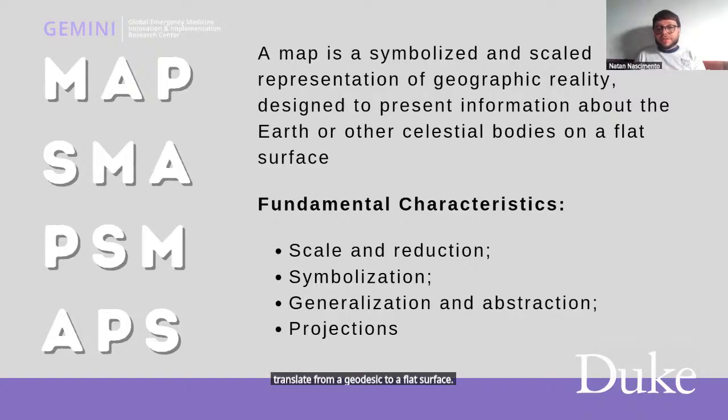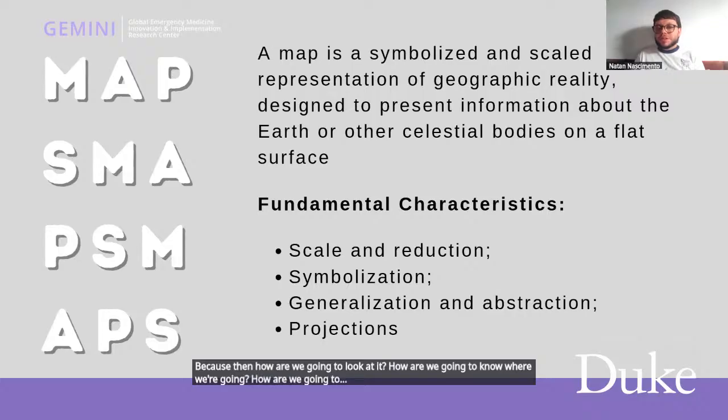And a map must be scalable and present a reduction. We cannot have a map that is not up to scale, because how can we have a map of Durham that is the same size of Durham? It's not useful, because then how are we going to look at it, how are we going to know where we're going? It must be scalable.